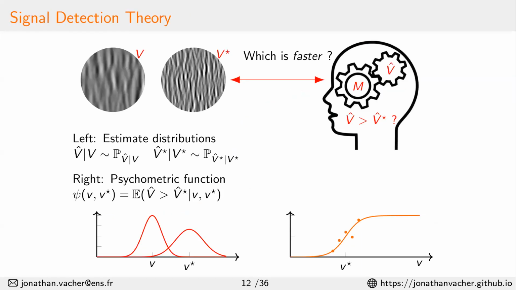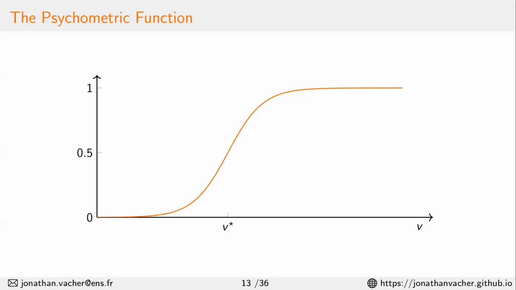So I will recall everything about the psychometric function here. So usually with the psychometric function you will compare, for example, if all the other parameters, so the spatial frequency, are the same, you compare a stimulus lower than v star, and so you will likely answer that it is slower.